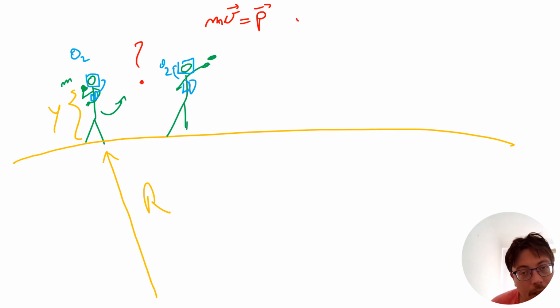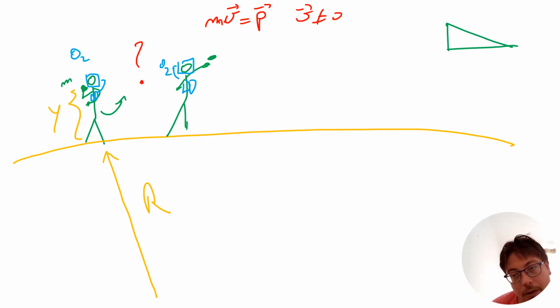The initial velocity is different from zero. So if you remember when we had our slide or our free falling object, the initial velocity was zero, and there were no forces. There was only the pull of gravity, so the motion was one dimensional.